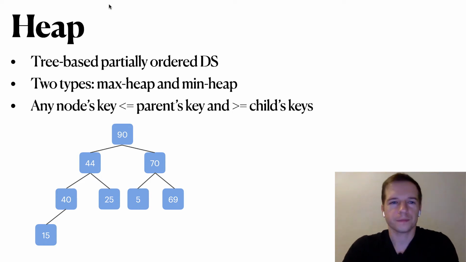First of all, a heap in general, not a specific heap, not a binary heap, is a tree-based, partially ordered data structure. Currently on the picture you see a binary tree, but for a heap in general there can be multiple children, more than 2. But we won't use a general heap right away.